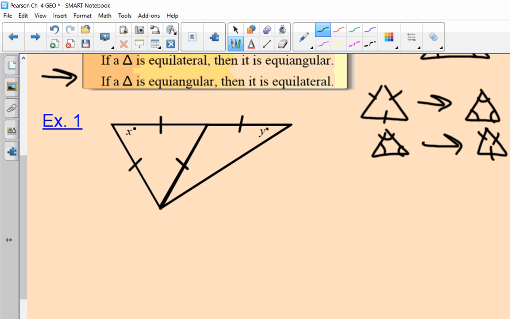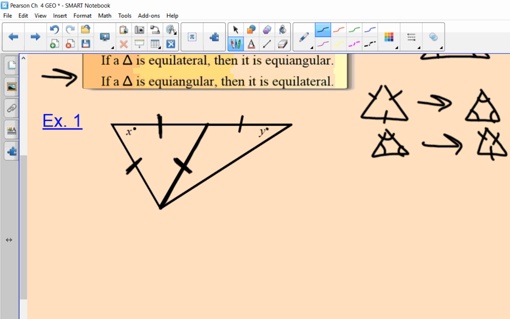The first information here: this is really three triangles in one. I have the big triangle, and that big triangle, with this line right here, is being cut into two other triangles. If I look at what they give me, those three sides are congruent in this little small triangle on the left.